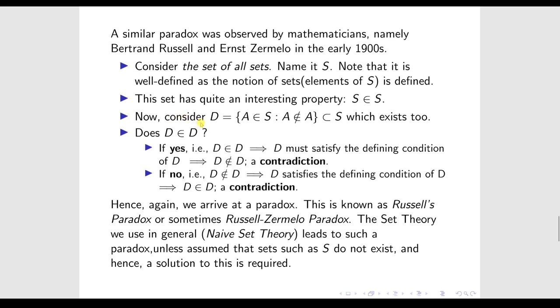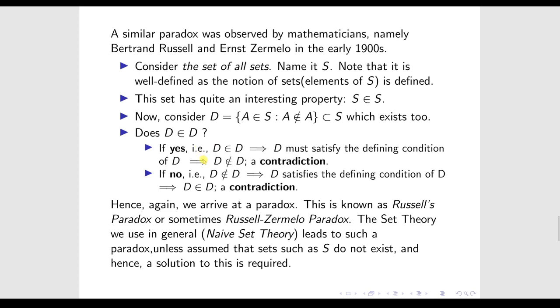Now consider D, a subset of S, which is equal to all sets in S such that that set does not belong to itself. As S exists, D exists too. No contradiction in our definitions. Now the main question: does D belong to D?